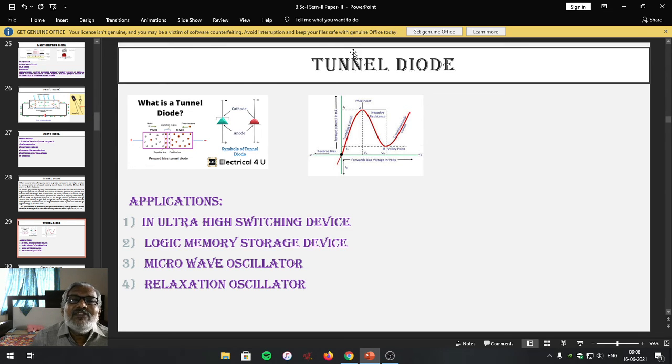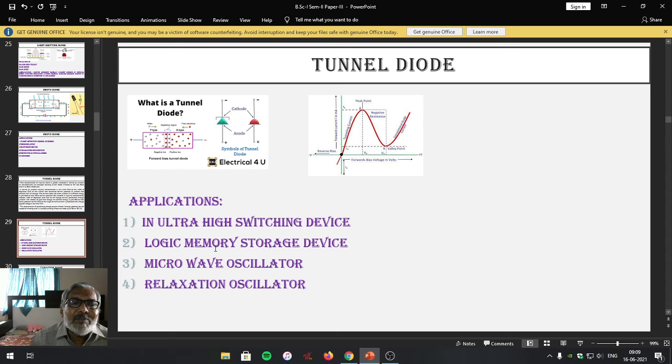Friends, such a peculiar diode is used in different applications. First one, it is used as an ultra high switching device, wherever fast switching is required, wherever switching speed should be fast. In such a case, it can be used as a switching device.